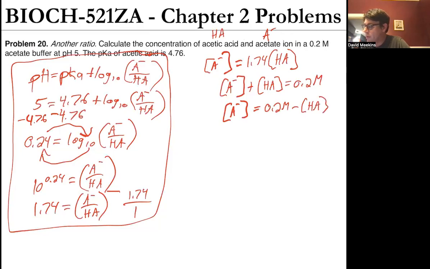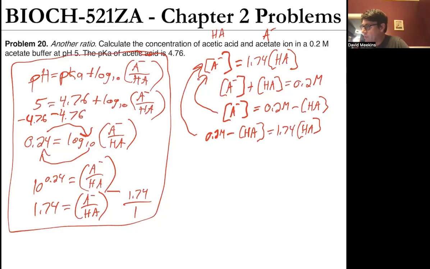So what we can do is plug this part into that part of the equation. That gives us 0.2 molar minus HA, because we're replacing this, equals the concentration of the conjugate base, which equals 1.74 times HA.